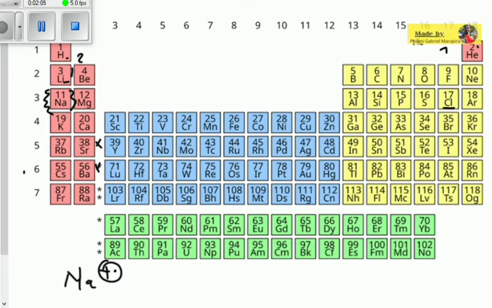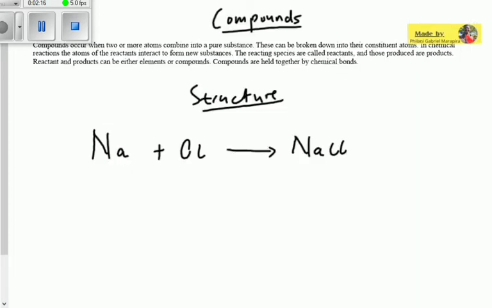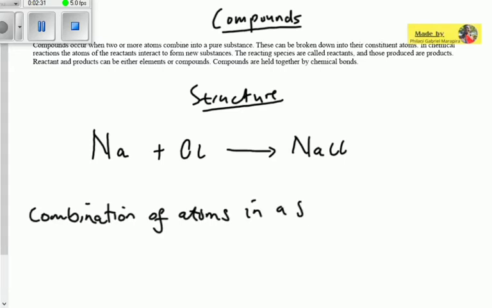A compound is a combination of atoms in a specific ratio. So let's break down the term and write it down. A compound is the combination of atoms in a specific ratio.